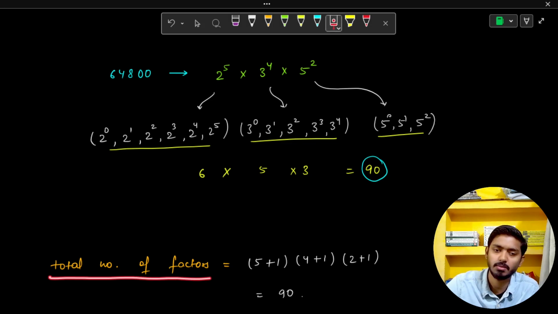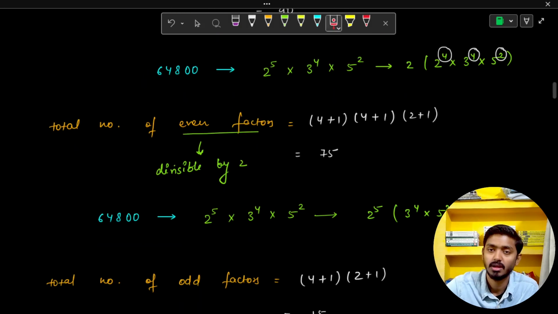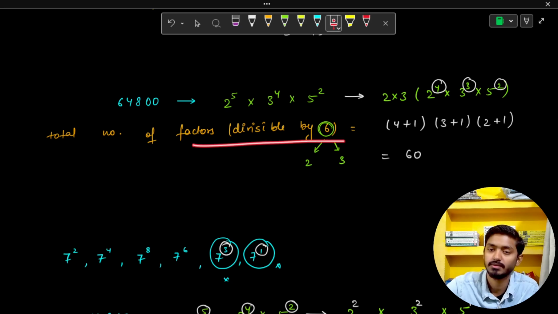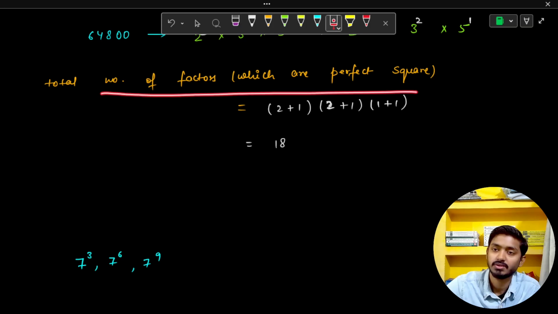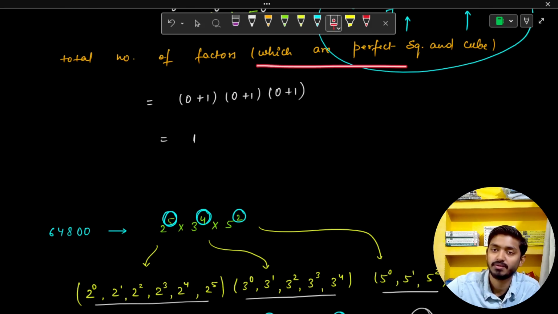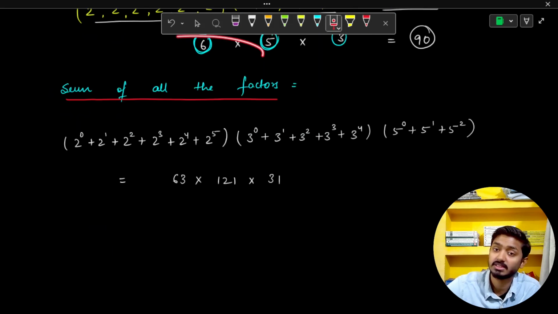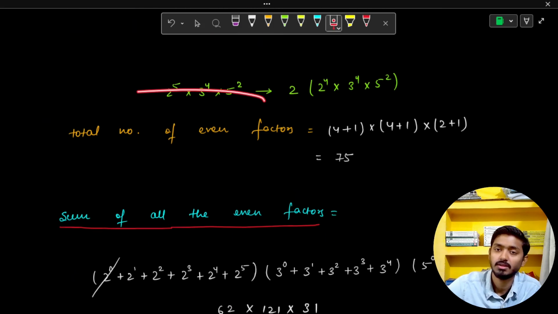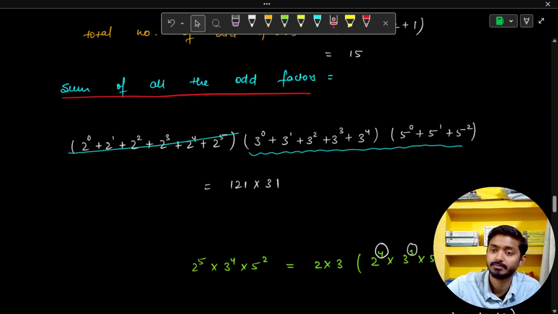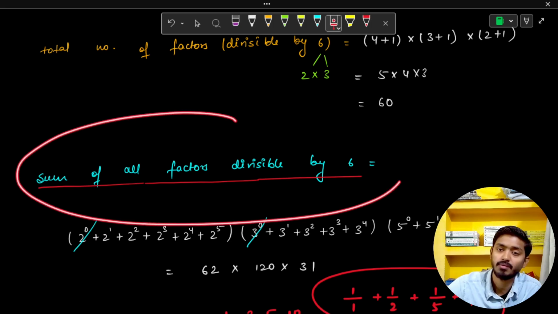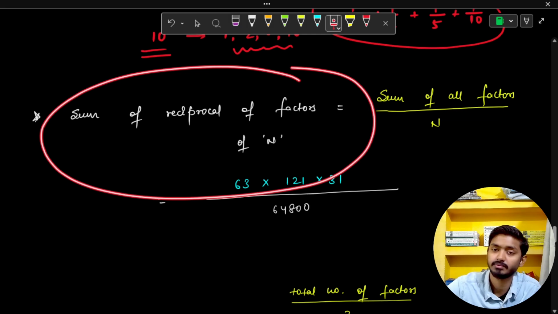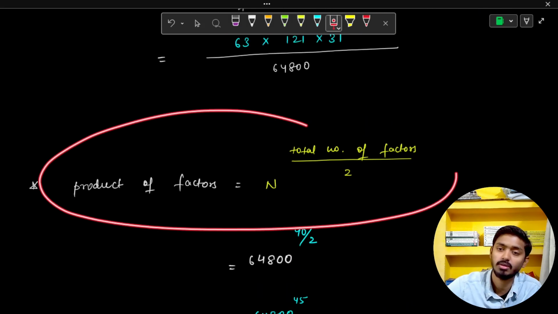We learned: 1, how to find the total number of factors; 2, total number of even factors; 3, total number of odd factors; 4, factors divisible by 6; 5, factors which are perfect squares; 6, factors which are perfect cubes; 7, factors which are perfect square and perfect cube; 8, sum of all the factors; 9, sum of all the even factors; 10, sum of all the odd factors; 11, sum of all the factors divisible by 6; 12, sum of reciprocal of factors of n; and 13, product of all the factors of n.